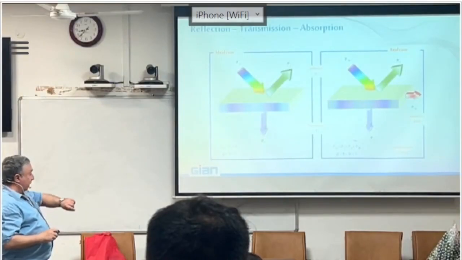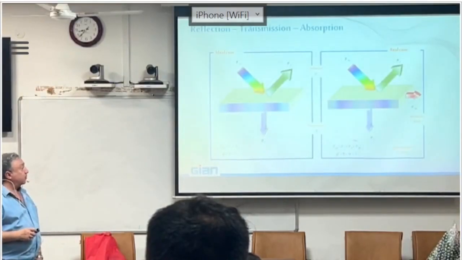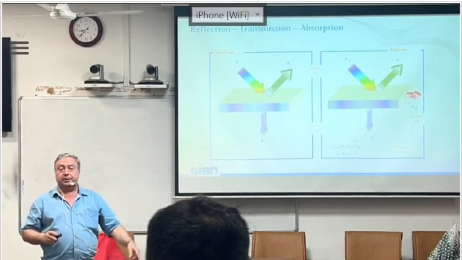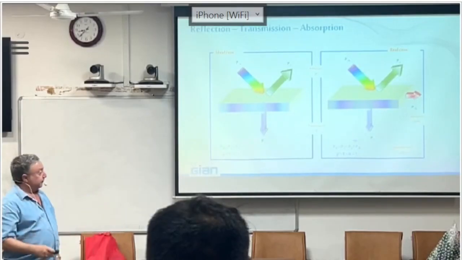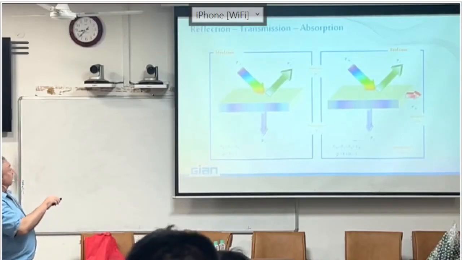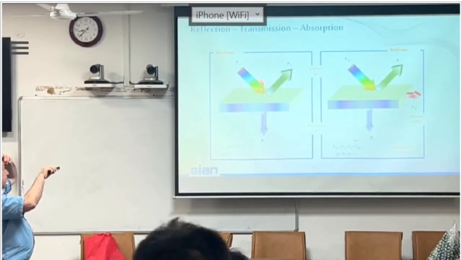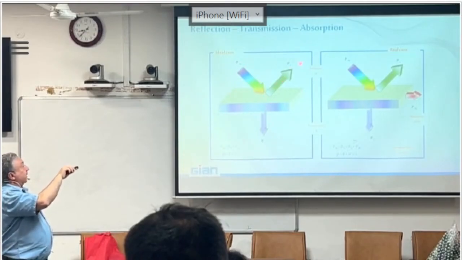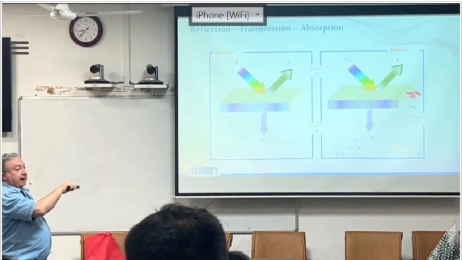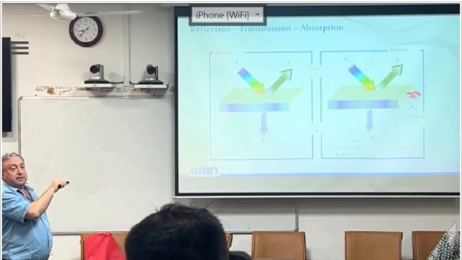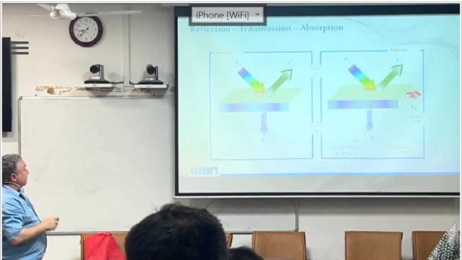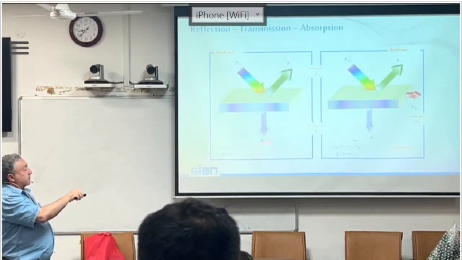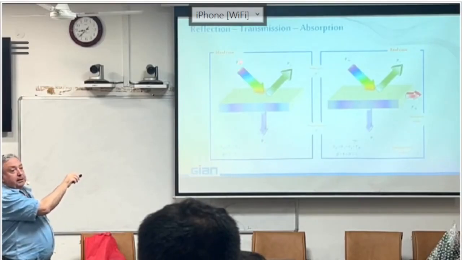Well, a few words about reflection, transmission and absorption, because they are fundamental effects that we will use during this teaching for lighting. When light arrives at a surface, if the surface is ideal, a part of that light will be reflected and a part will be transmitted if the material is transparent. Here, no absorption, and that means energy conservation: PR plus PT equals P in.